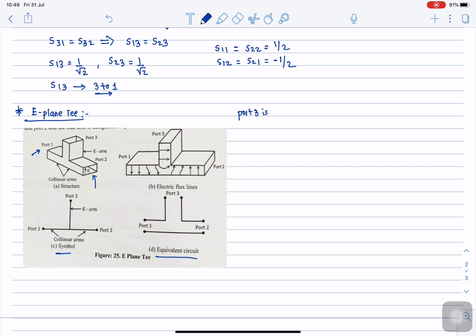I will write this condition: port 1 and port 2 are said to be electrically anti-symmetric.